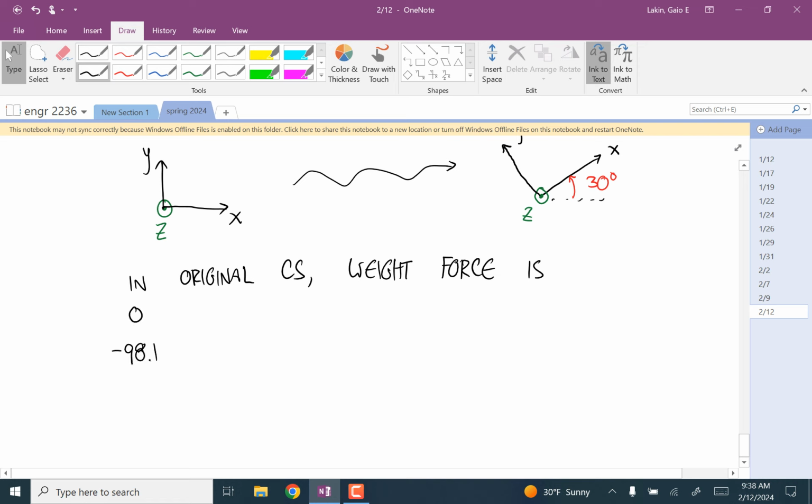That would be like a 10 kilogram mass. Re-express this weight in the new coordinate system.